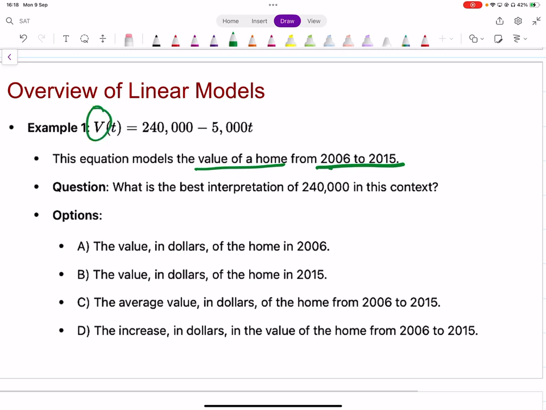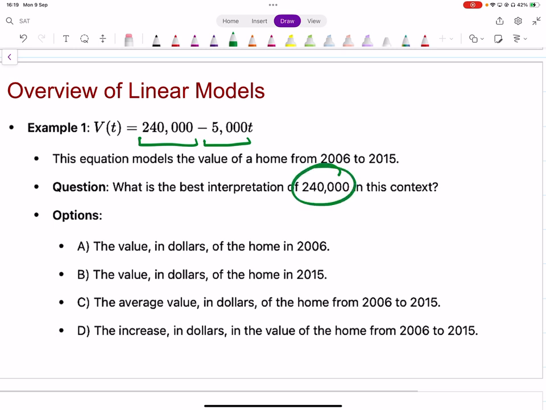V represents the value of a home, and the value is in dollars. The variable that we have on the right side is t. Now, this is a linear relationship. 240,000 is the y-intercept. What's the gradient? Minus 5,000 is the gradient.